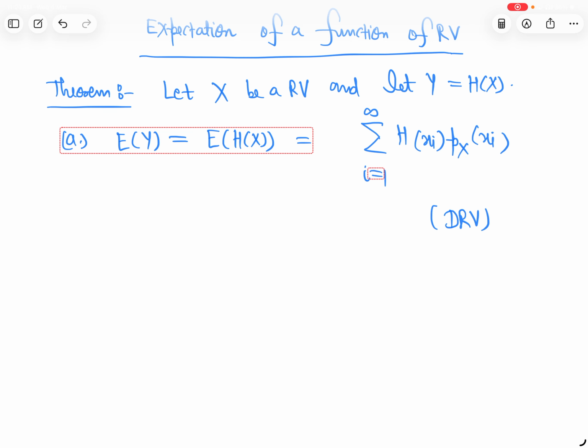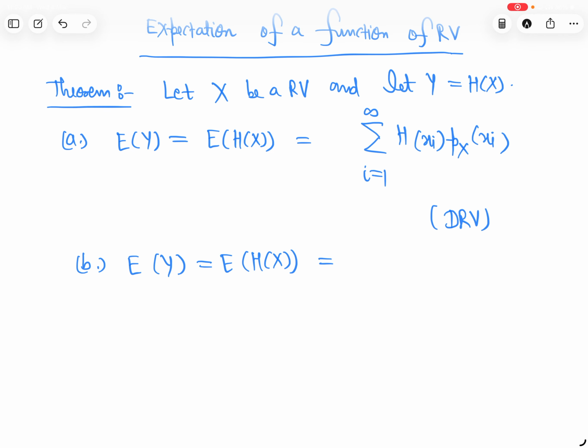In the case of continuous, that will not change. Probability will remain as it is. So minus infinity to infinity h(x) f(x) dx if continuous random variable. Okay.